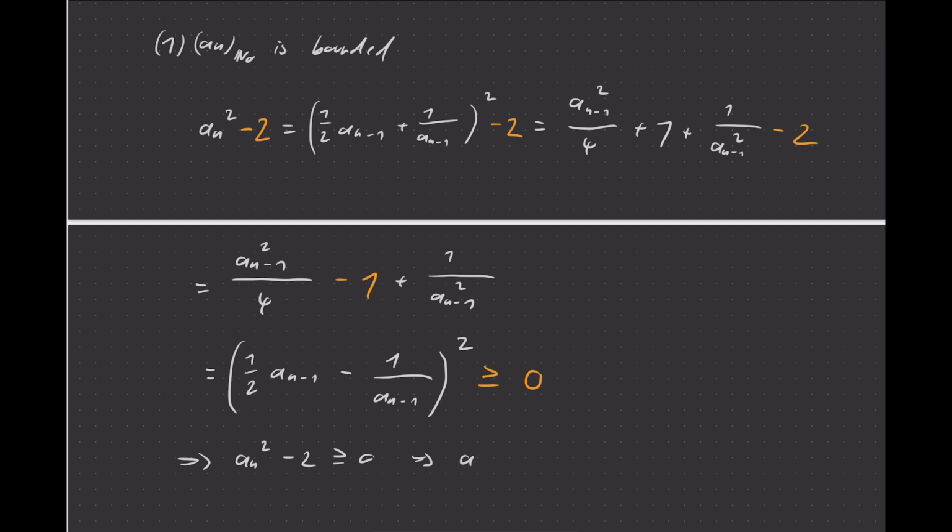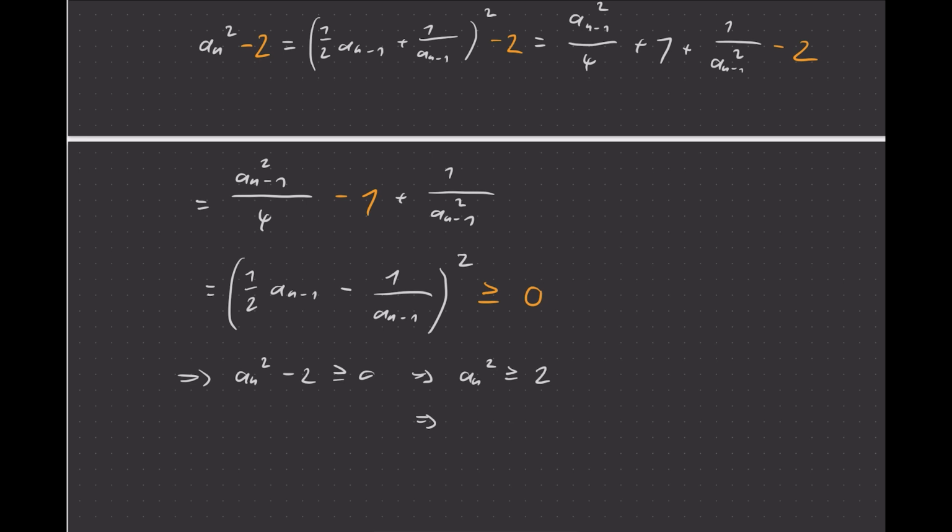So in other words, a_n squared is greater or equal to 2. And that means a_n is greater or equal to the square root of 2, as obviously the a_n's are non-negative. So taking the square root will result in a positive a_n here. Okay, so we have bounded the sequence below.